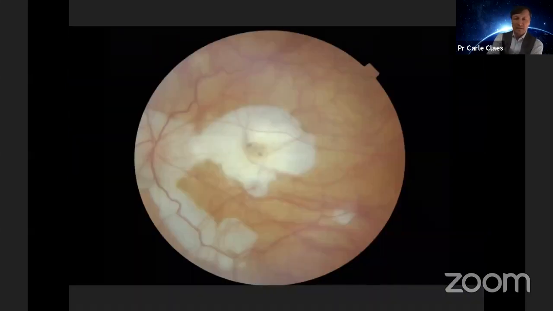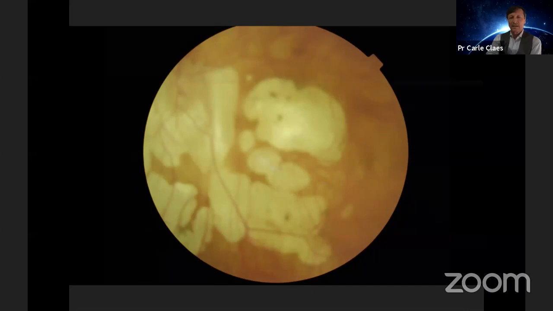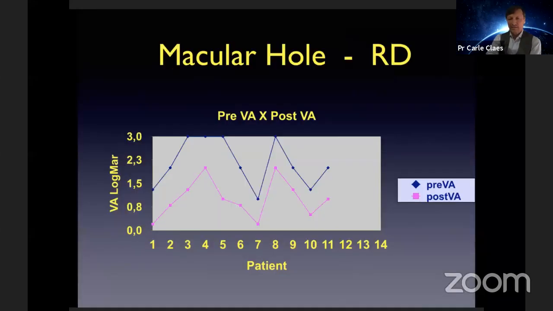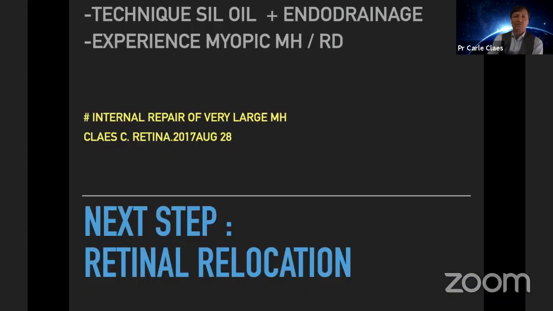These are the kind of eyes that we talk about with very large axis and also large central staphylomas. And even in those eyes, we could achieve a nice closure and a nice retinal reattachment with an improvement in visual acuity in all of these eyes, be it very modest sometimes due to the staphyloma.